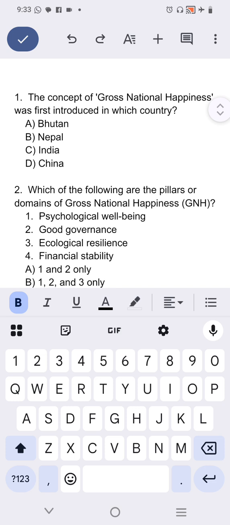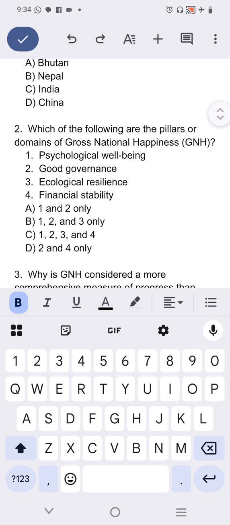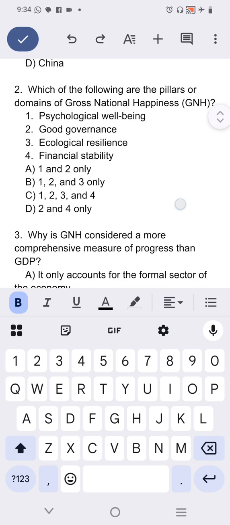Look at the question. Which are the pillars or domains of Gross National Happiness? The answer would be psychological well-being, good governance, ecological diversity. Financial stability is not mentioned in the 9 domains.